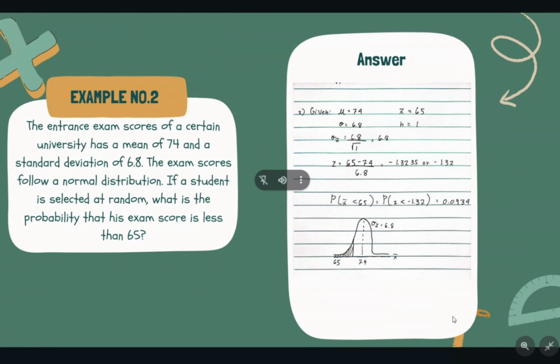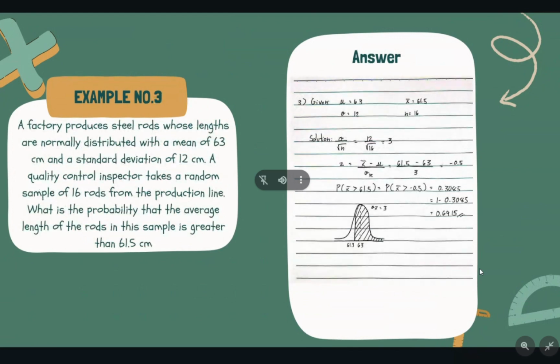Okay, next example, the last example, number 3. A factory produces steel rods with lengths normally distributed with a mean of 63 cm and a standard deviation of 12. A quality control inspector takes a random sample of 16 rods from the production line.